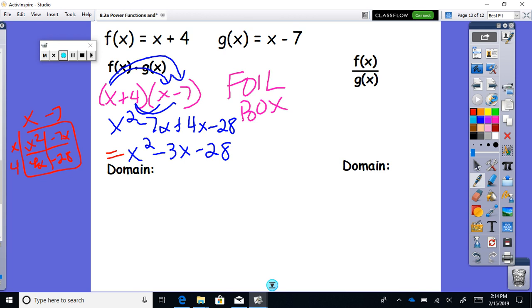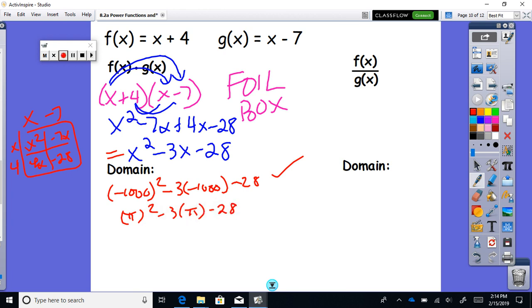All right, think about domain. Can you plug in any x you want? Could you take negative 1,000, square it, minus 3 times negative 1,000, minus 28? Sure, you get an answer. What if you had pi squared minus 3 times pi minus 28? Sure, you'd get an answer. It wouldn't be rational, but you get an answer.